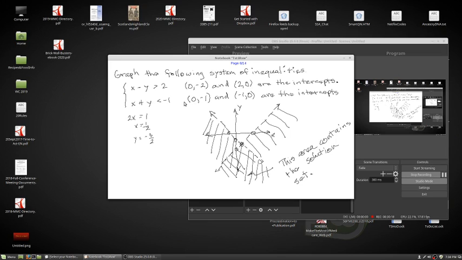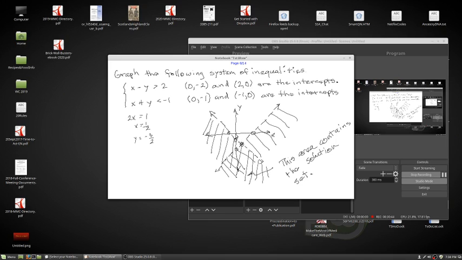For the second inequality, the intercepts on our boundary are 0, -1, and -1, 0. So here we've got 0, -1. Here we've got -1, 0. Again, it's a strict inequality, so I use hollow dots and a dashed line.